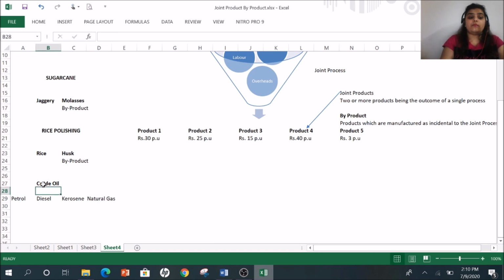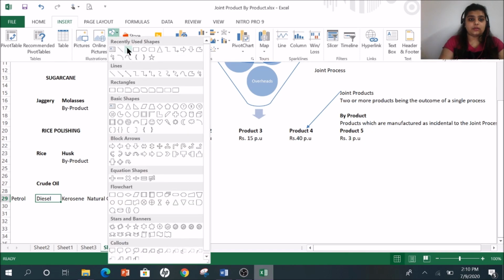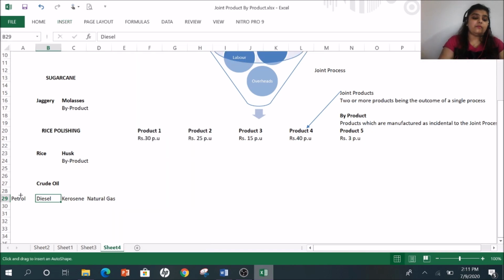So from one process of processing the crude oil, you get 4 products, that is petrol, diesel, kerosene and natural gas. This is one of the most famous examples of joint products.